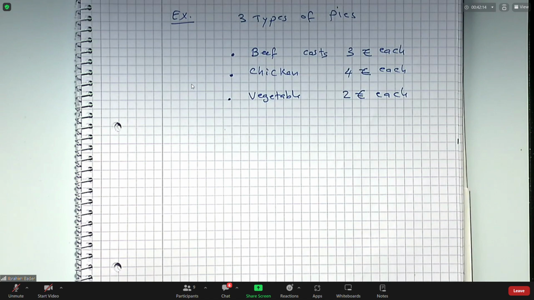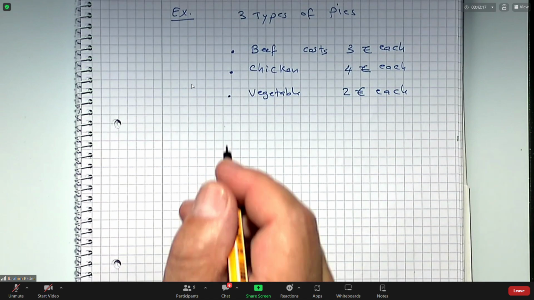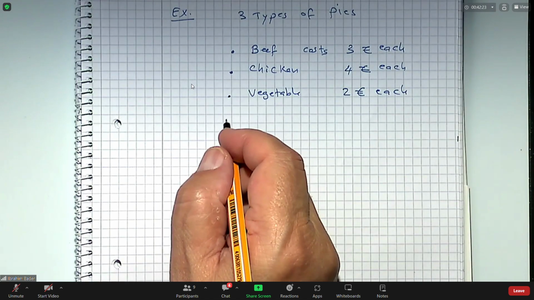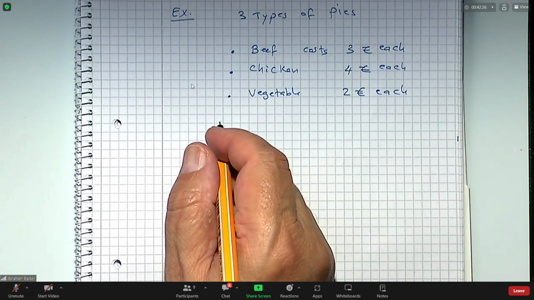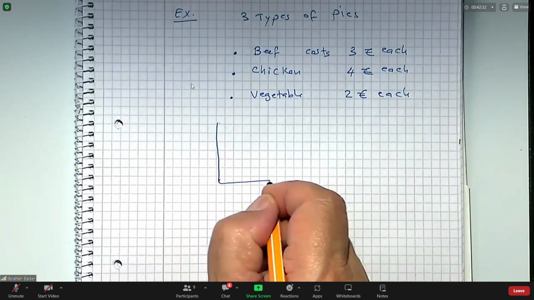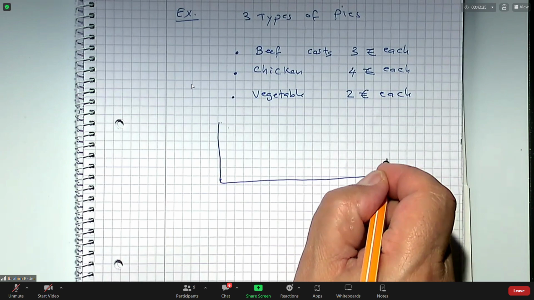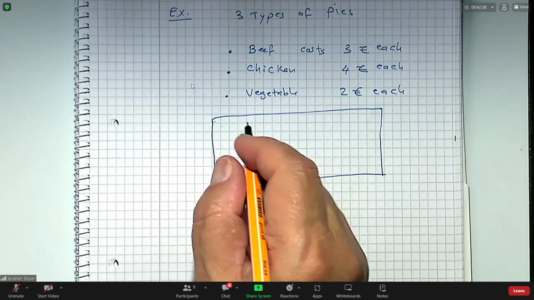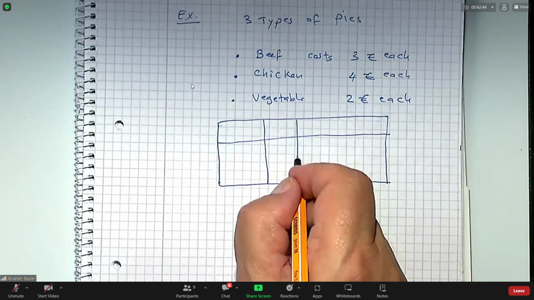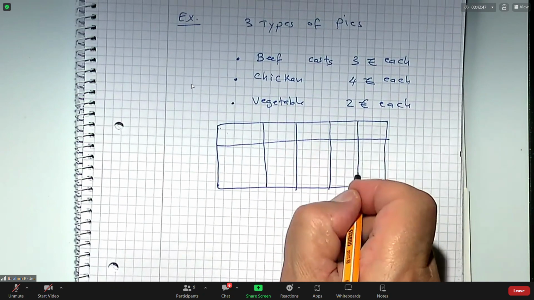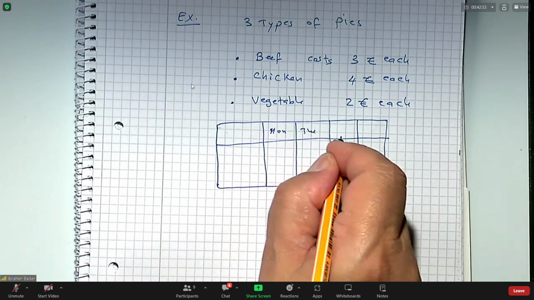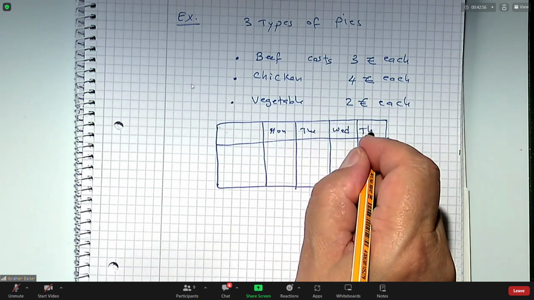So assume these are the items sold by this small shop, and we have registered for, let's say, 4 days the number of items sold from each item, as follows. So here we have 4 days, 1, 2, 3, 4 days. Let's assume here Monday, Tuesday, Wednesday, and Thursday.